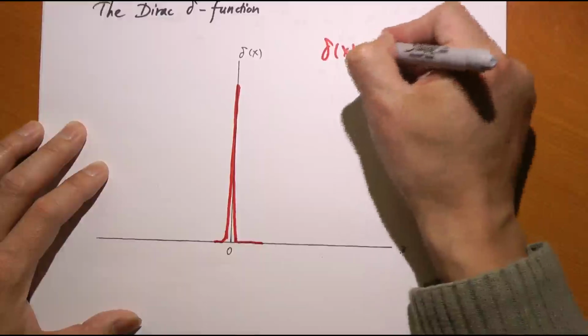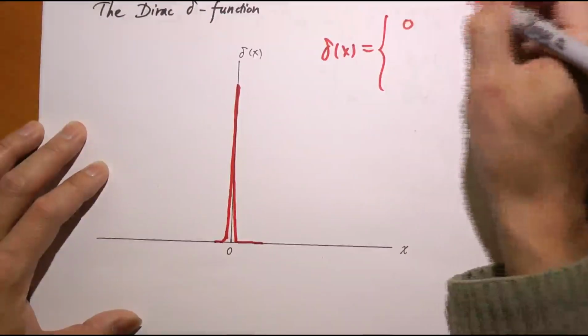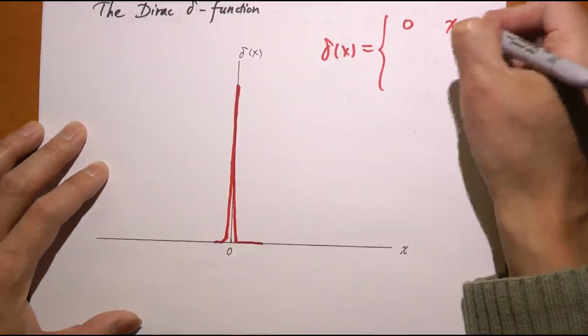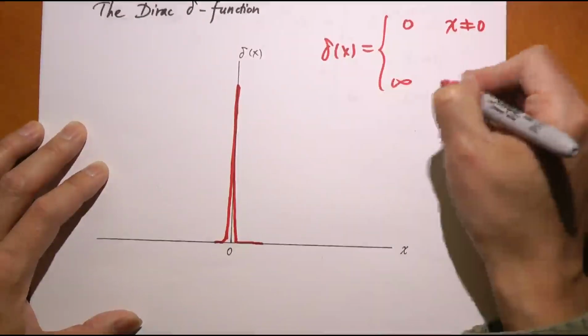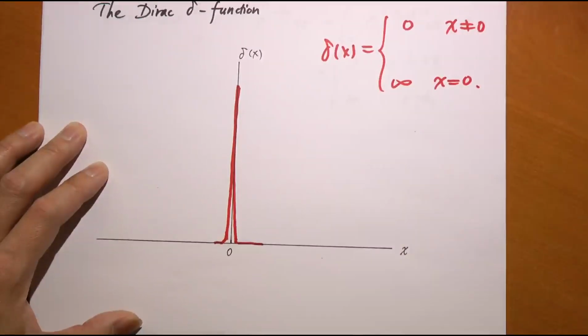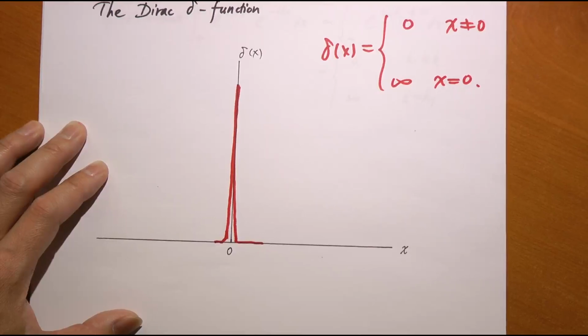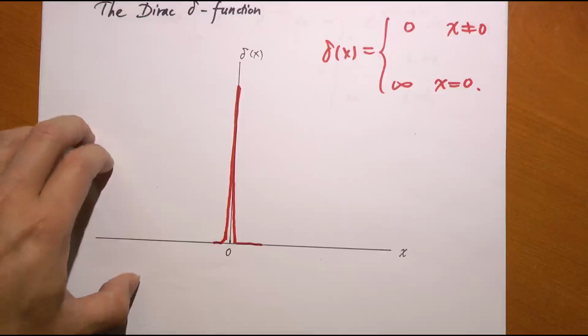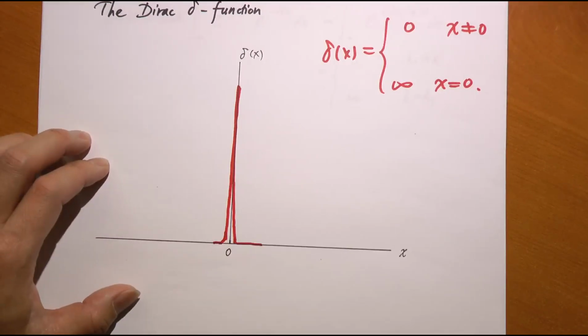Delta x equals 0 when x is not 0, and it's infinity when x equals 0. And this is certainly true in our case. Before, we had delta of k minus k1, so when the argument of the delta function, k minus k1, equals 0, which means k equals k1, you have infinity, otherwise you have 0. So that's a special case. That's an example of the Dirac delta function.